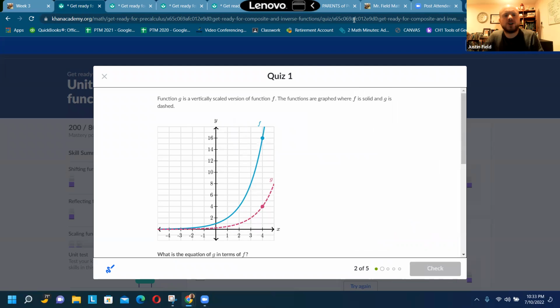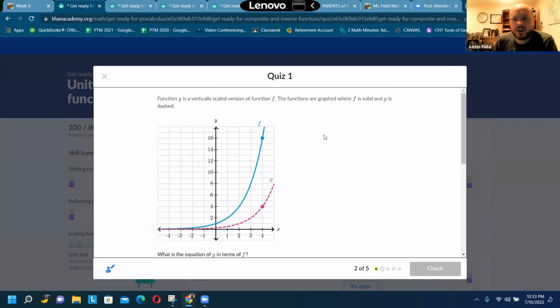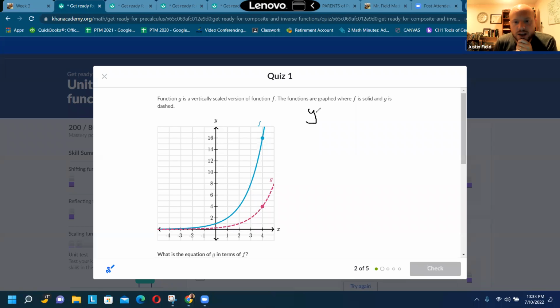Now, function g is scaled vertically. Okay. So now we can scale the function in two ways, vertically and horizontally. So it all depends on where you are making the change.